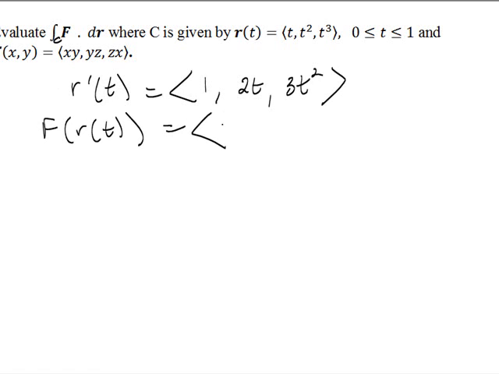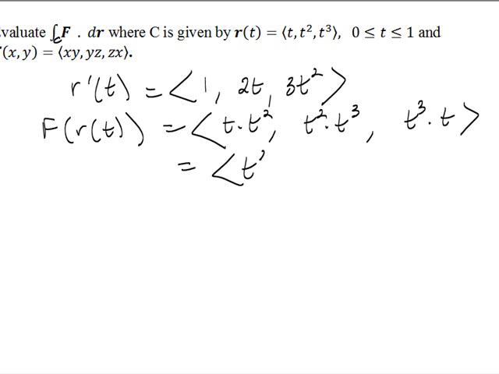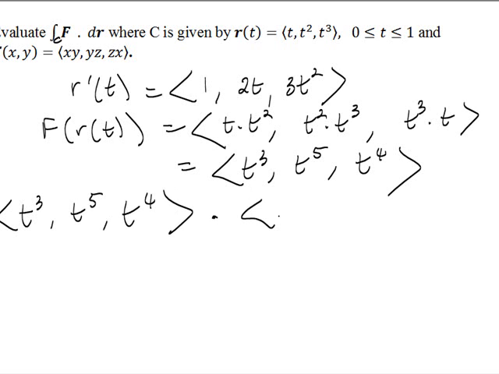So xy is t times t squared, yz is t squared times t cubed, zx is t cubed times t. So this is t cubed, t to the 5th, t to the 4th. Dot product: t cubed, t to the 5th, t to the 4th, dotted with 1, 2t, 3t squared.